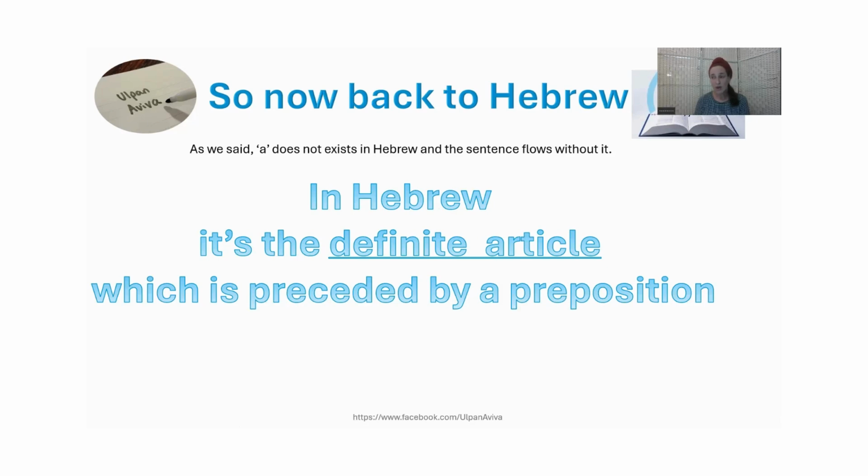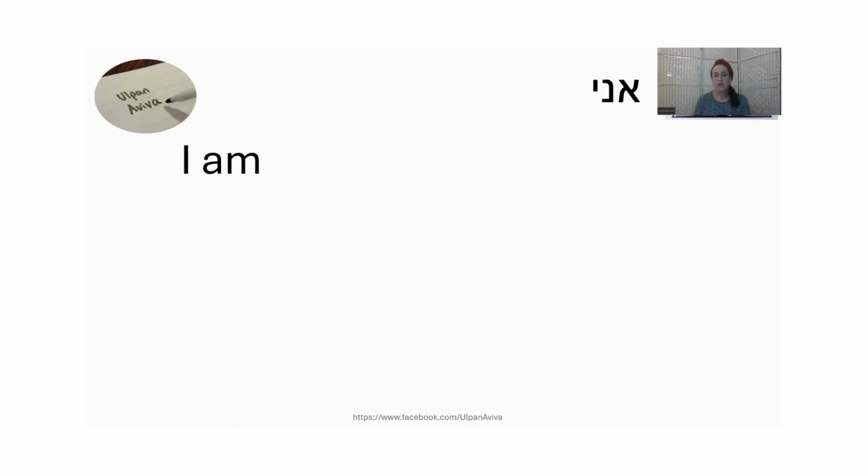Other than the, we have the word the, ha. It's a prefix, it's not a word, but it's prefaced by the word et, and we'll see some examples in a moment.